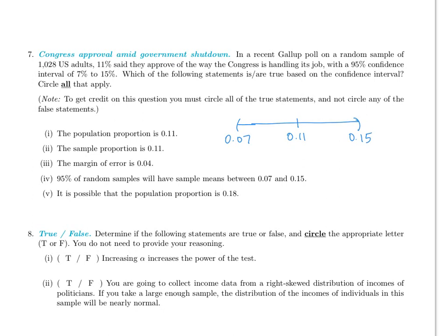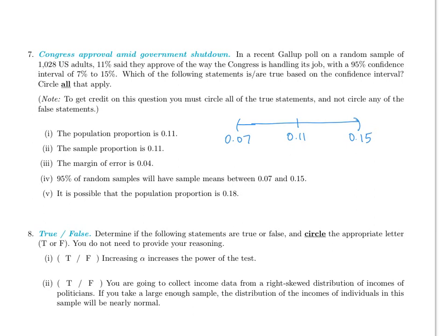Is it true that the population proportion is 0.11? No. If I wanted to make this statement correct, how could I correct that statement? So if I said the sample proportion is 0.11, that would be correct. What's another way I could make this statement correct?